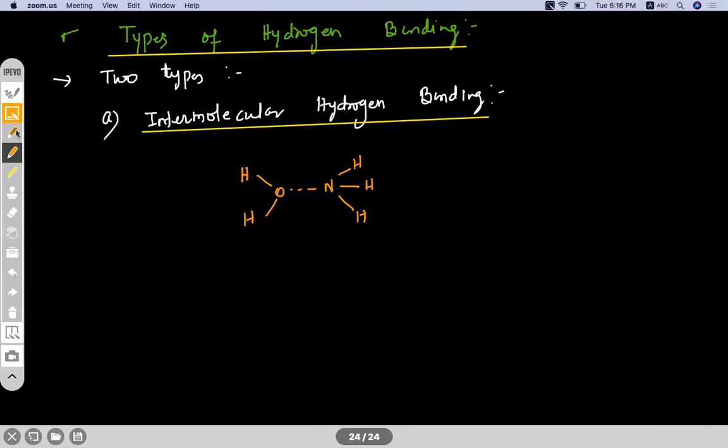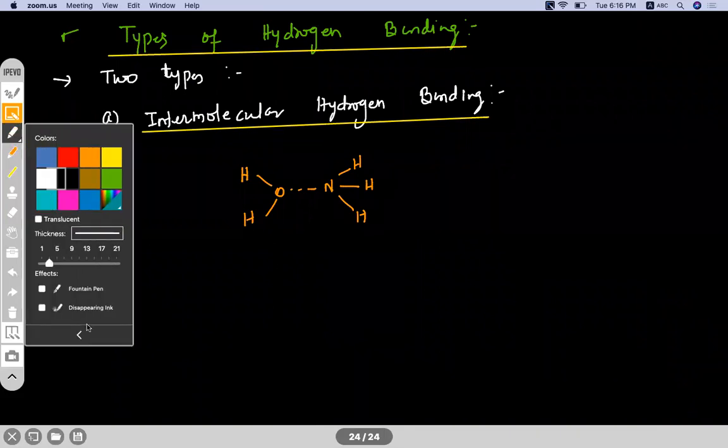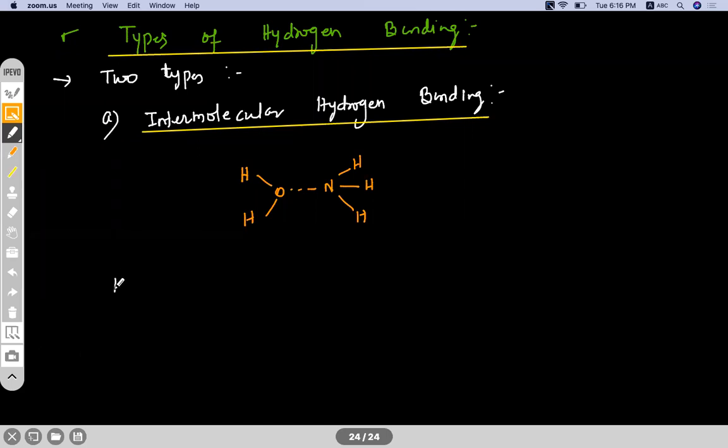The second type we have is intramolecular hydrogen bonding.